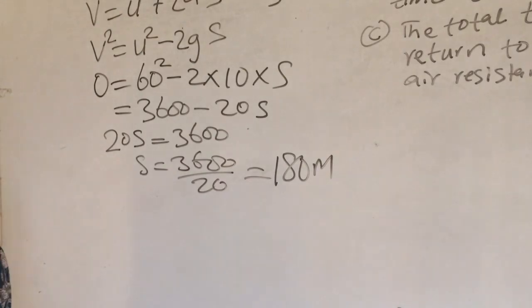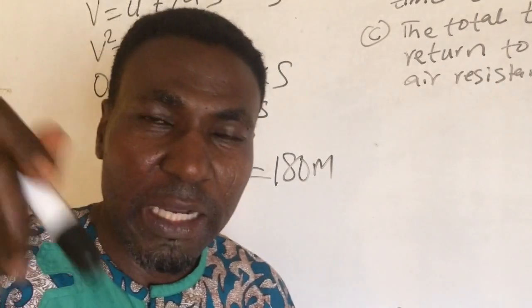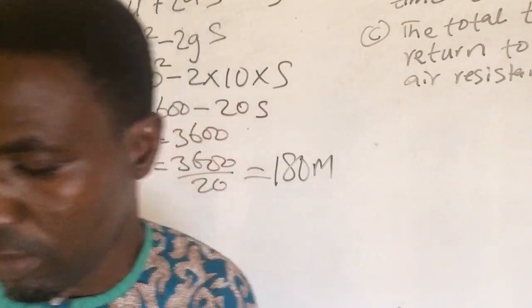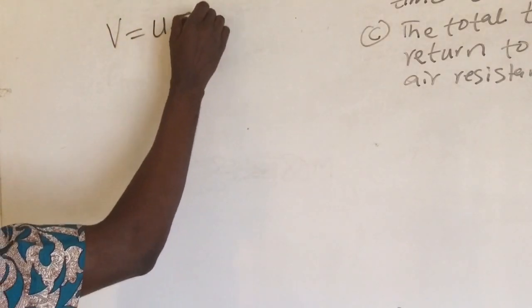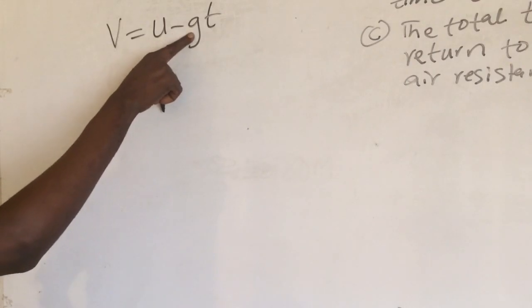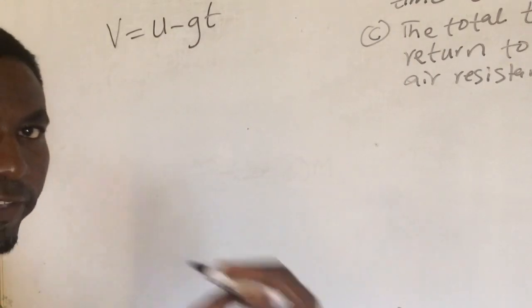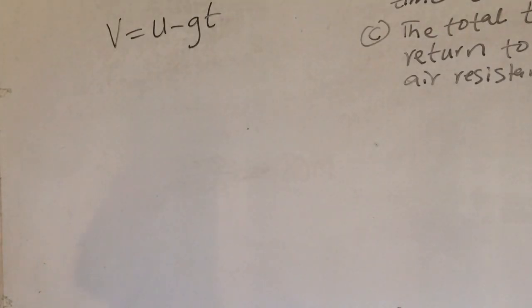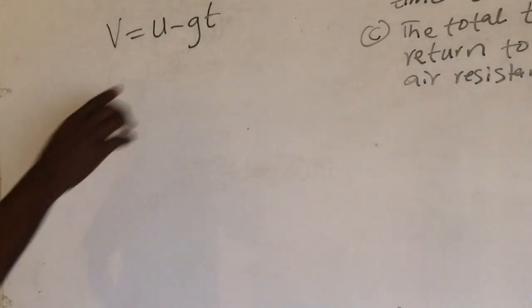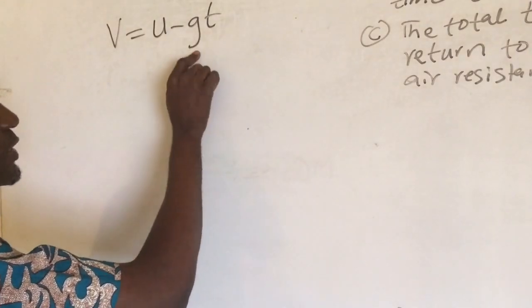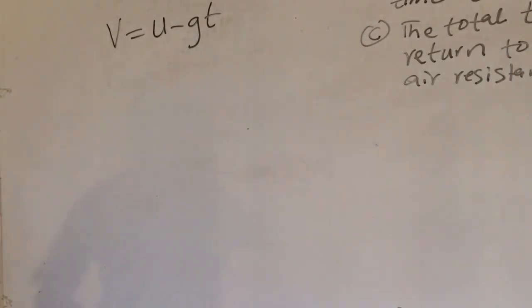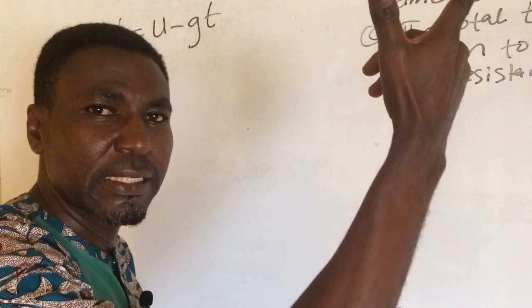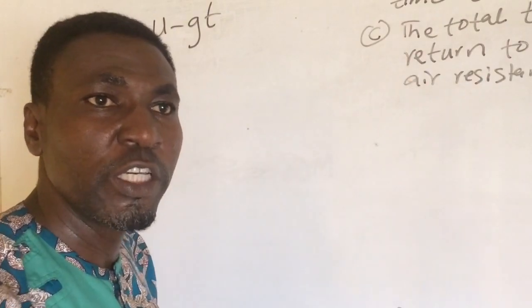Now the other one says to calculate the time taken to reach that maximum height. So let's calculate the time taken to reach that maximum height. The same formula, which is V equals U minus GT. The T will represent that time. We have the acceleration due to gravity, initial velocity and final velocity. At that maximum height the final velocity is 0.